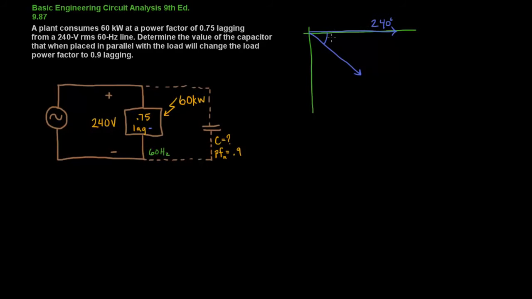I just like to constantly remind myself that when current lags voltage, the load is primarily inductive, and a primarily inductive load will have a positive reactance when you look at the complex power.